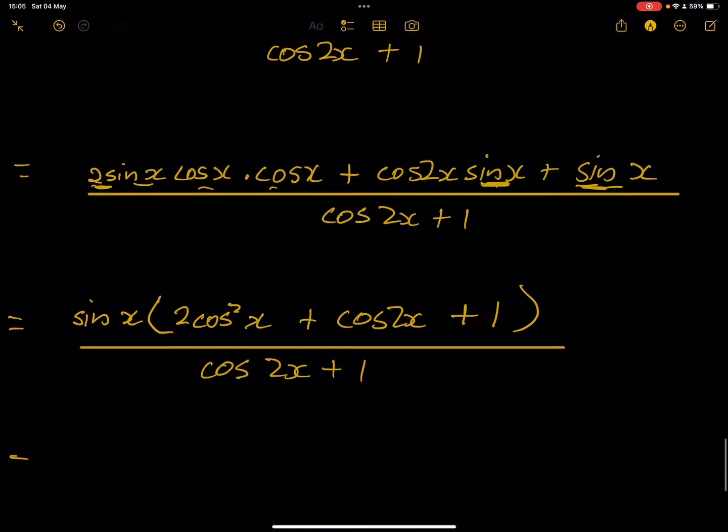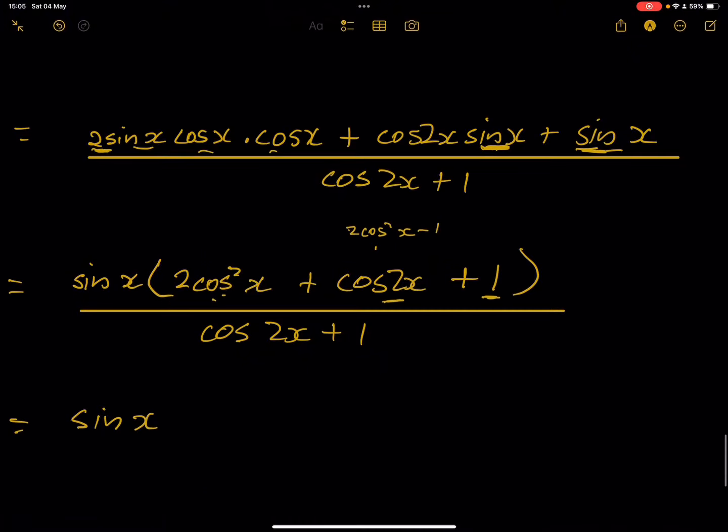Now, ladies and gents, inside that bracket, I can see that I've got cos squared of x, and I've got a cos 2x. So I will convert this guy to 2 cos squared of x minus 1. What it will do is get rid of this one, but I've got two things that are exactly the same. So I've got 2 cos squared of x plus 2 cos squared of x minus 1, that's plus 1.